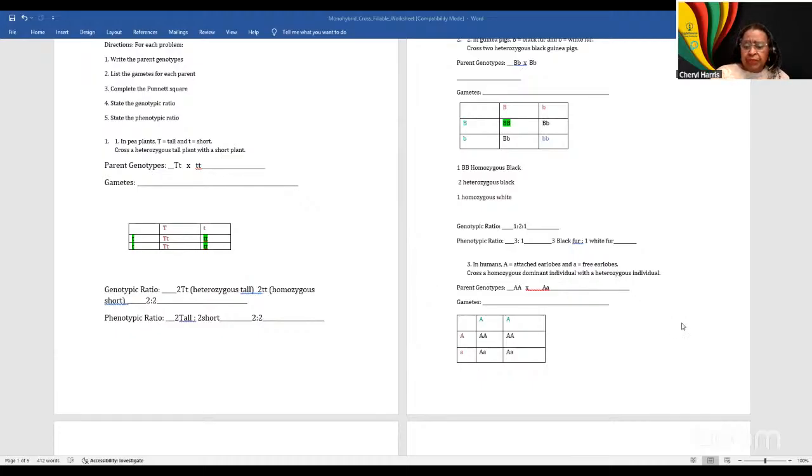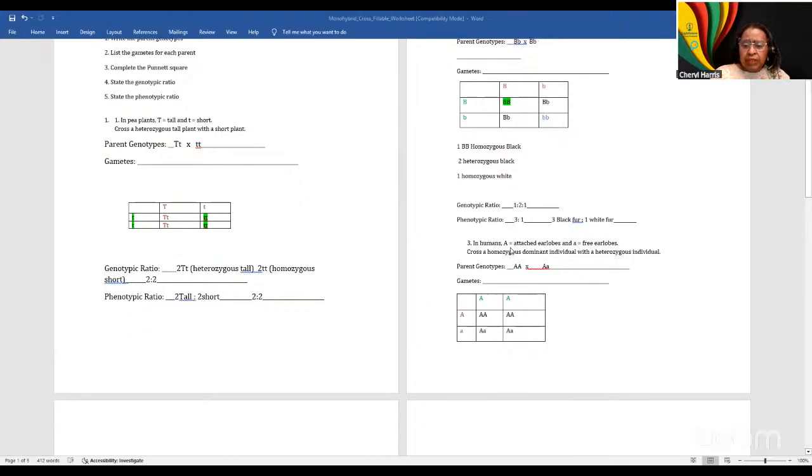For number 3, attached earlobes are dominant. That means where your earlobe just goes straight into your cheek. And then free earlobes, which means you got that little dangly piece like what I have, that is recessive. So capital A for attached and lowercase a for free. They're telling you we're crossing a homozygous dominant individual.